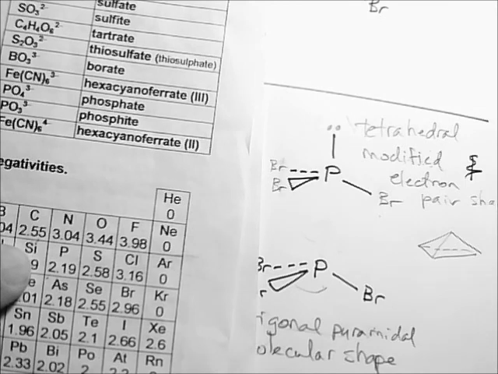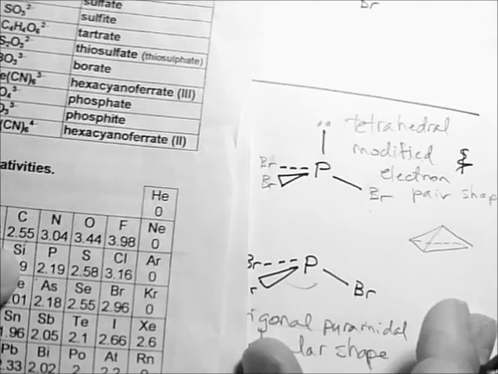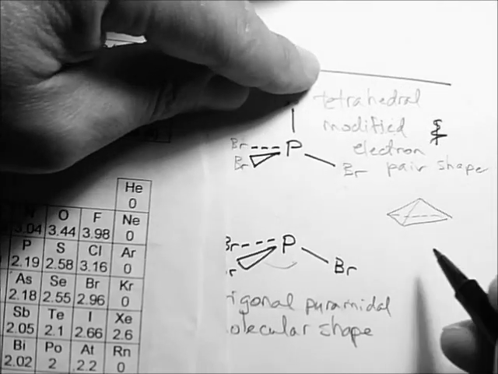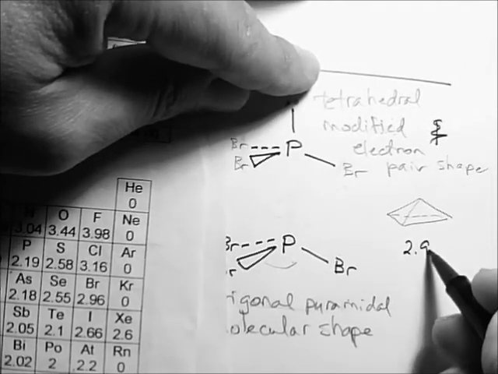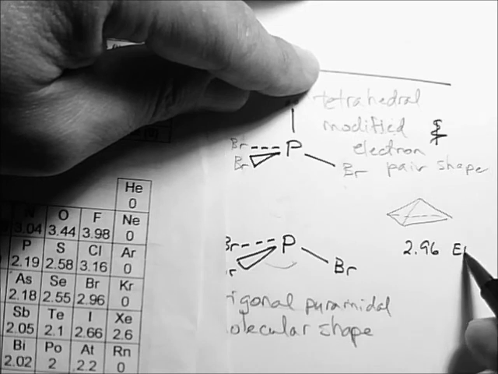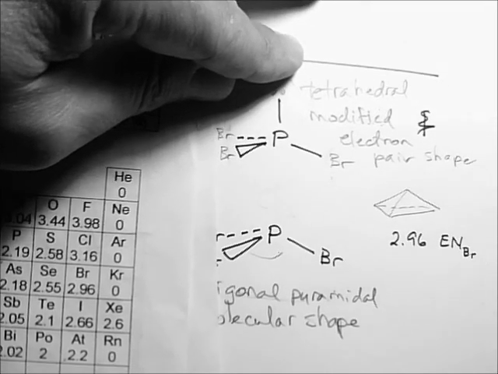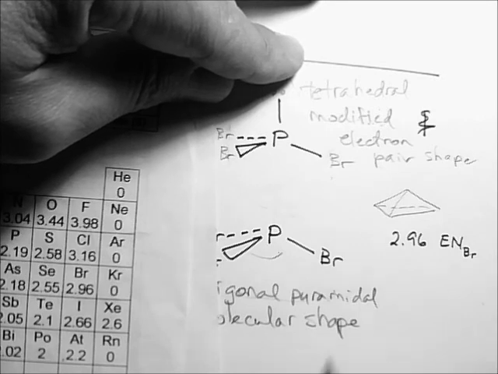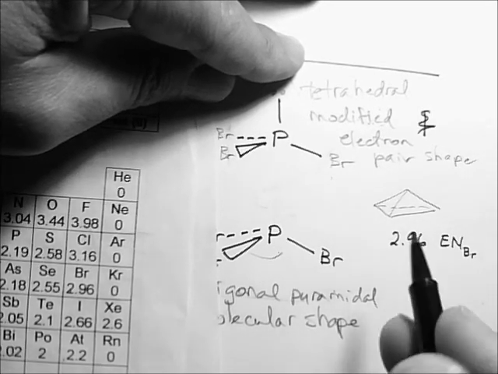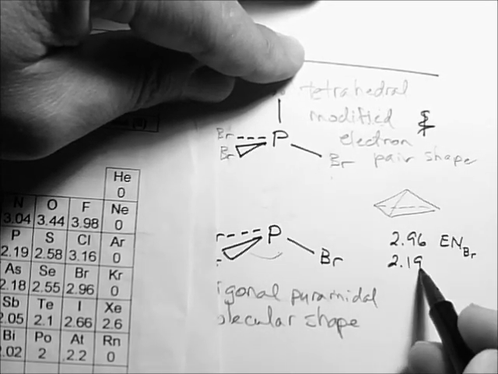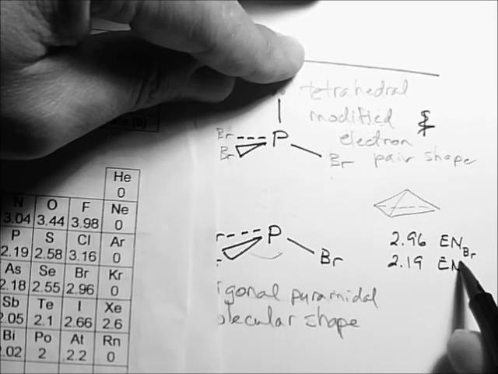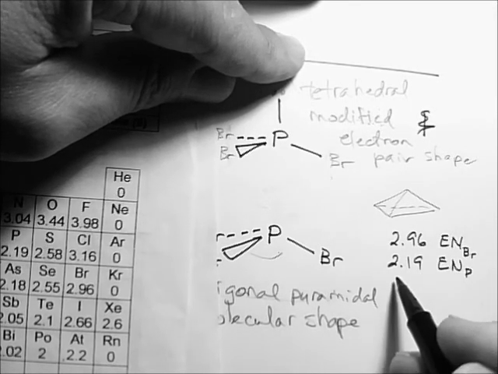Bromine has an electronegativity of 2.96. So let's put that over here: 2.96, that's the electronegativity of bromine. And phosphorus is 2.19, that's the electronegativity of phosphorus, and we want to subtract.